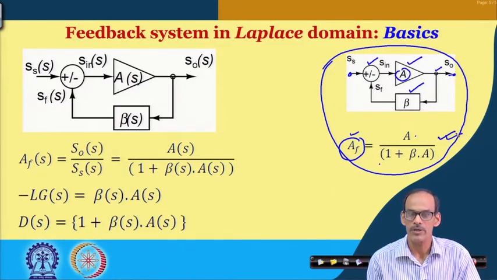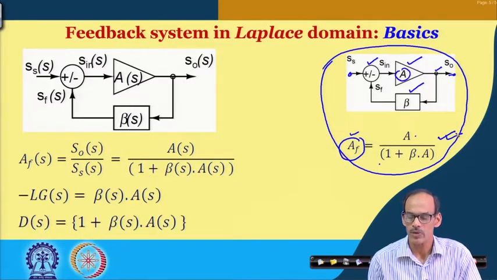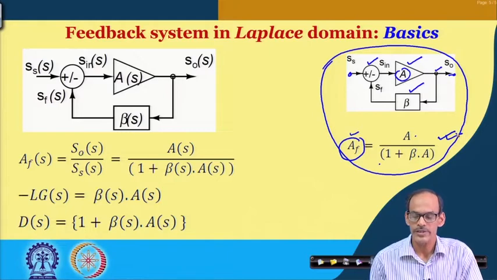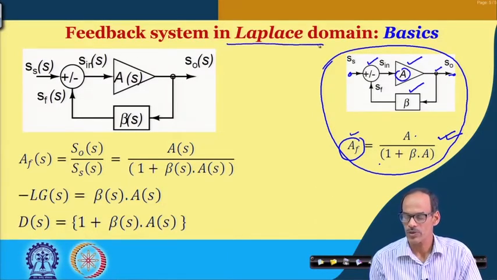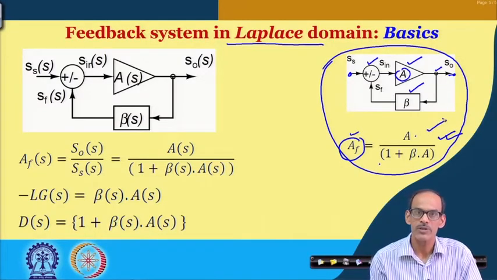It is applicable not only in the time domain, but also in the frequency domain. Today's discussion is primarily in the Laplace domain, the frequency domain, and this equation is valid in the Laplace domain also.